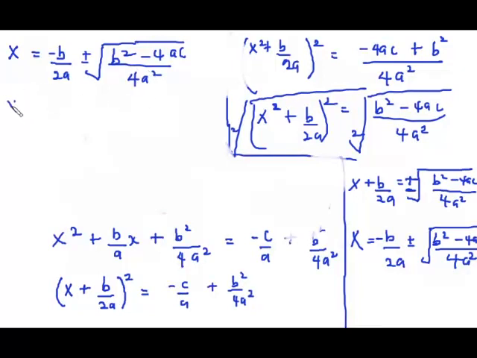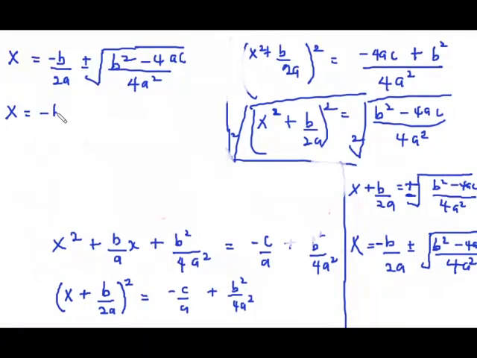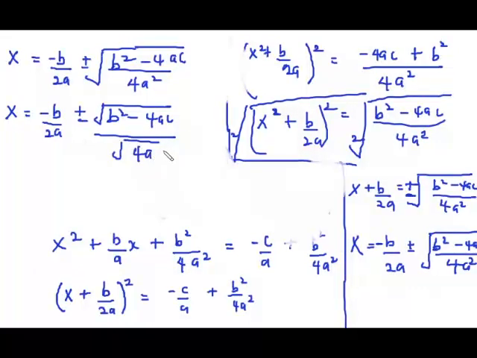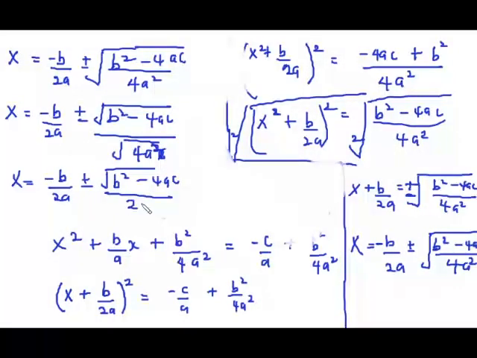So this equation can be rewritten as x equal to negative b over 2a plus or minus the square root of b squared minus 4ac, divided by the square root of 4a squared. Now the square root of 4 is 2, the square root of a squared is a, so we have 2a.